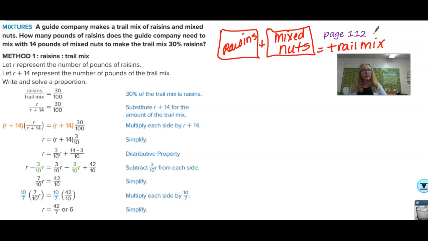There are actually a couple ways to solve this problem. They're asking us, how many pounds of raisins does the guide company need to mix with 14 pounds of mixed nuts to make the trail mix 30% raisins? Well, 30% can be written as 30 over 100. Out of 100 occurrences, 30 would be 30%.